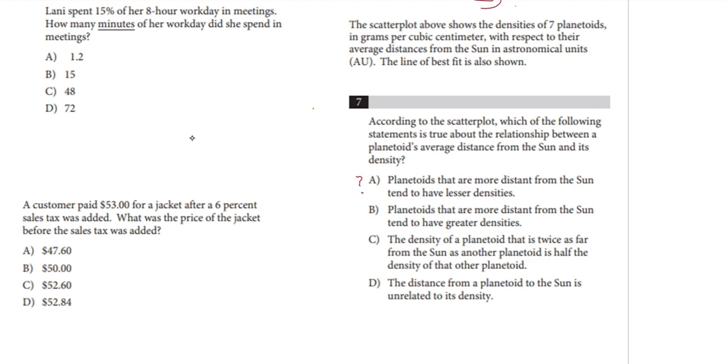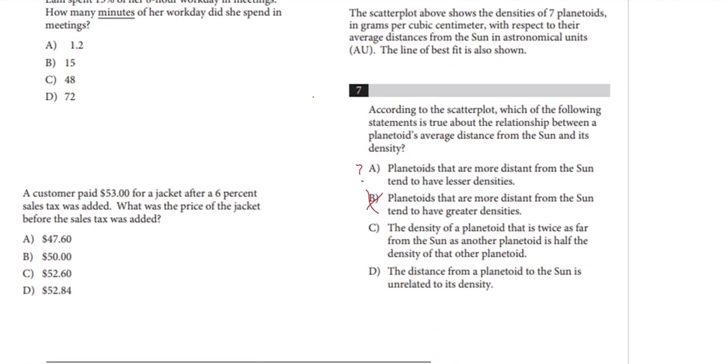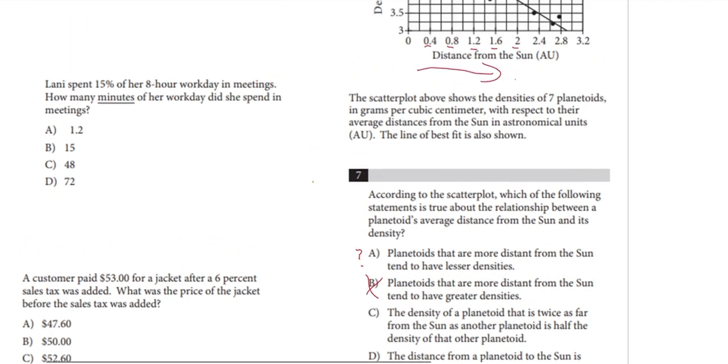B says planetoids that are more distant from the sun tend to have a greater density. We know that's not true. As the distance from the sun increases, as this number gets bigger, the density gets smaller. C says the distance of a planetoid that is twice as far from the sun as another planetoid is half the density of the other planetoids.